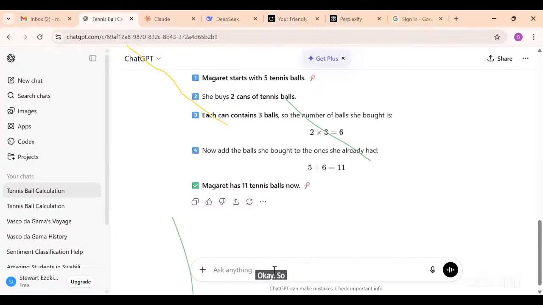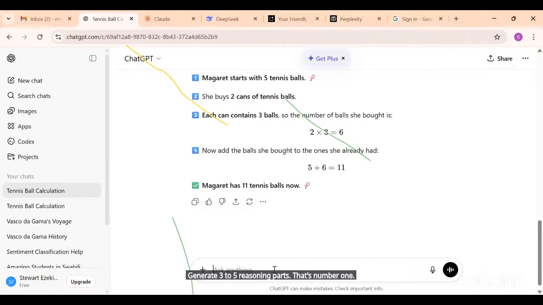So let me give you the steps. Step 1, generate 3 to 5 different reasoning paths. That's number 1.